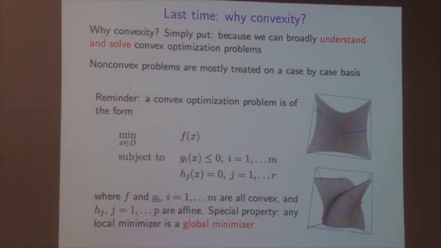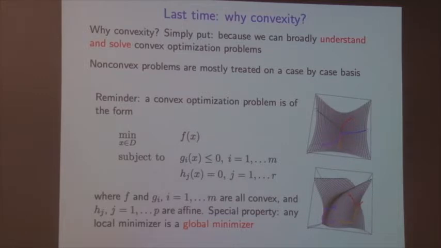D is the common domain of all these functions. What makes this convex is if f and the g_i, all the inequality constraint functions, are convex functions, and all the equality constraint functions h_j are affine, which means that h_j looks like a_j transpose x plus b_j for constants a_j and b_j.